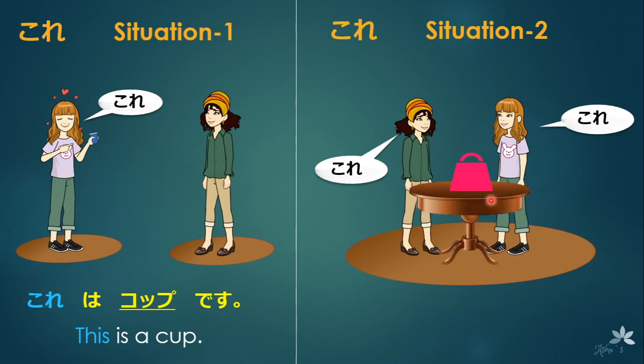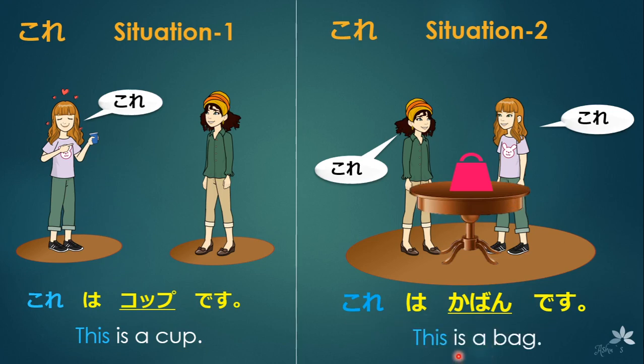So an object that is close to both, when they share the same area, will be referred to as kore. So here the sentence will be kore wa kaban desu. Kaban means bag. Kore wa kaban desu. This is a bag.